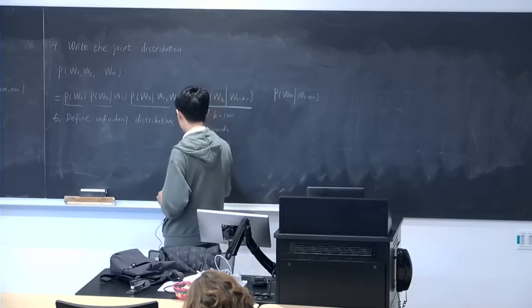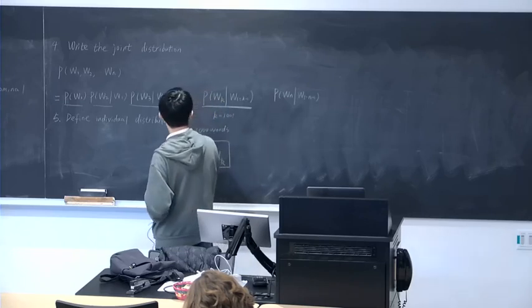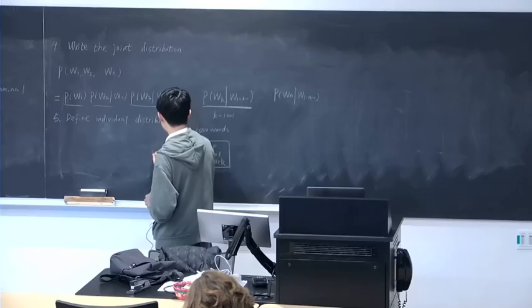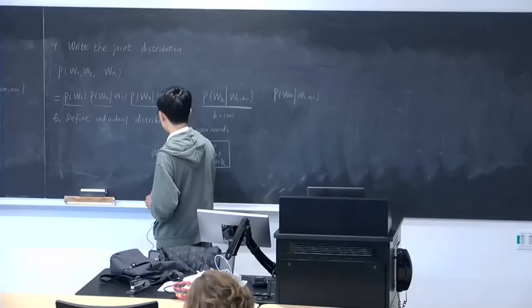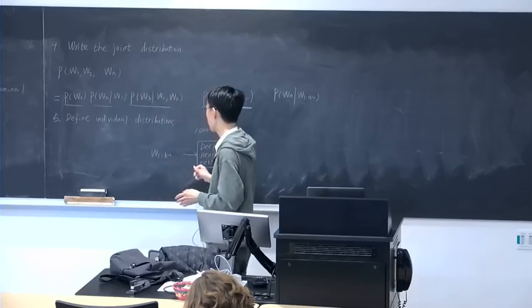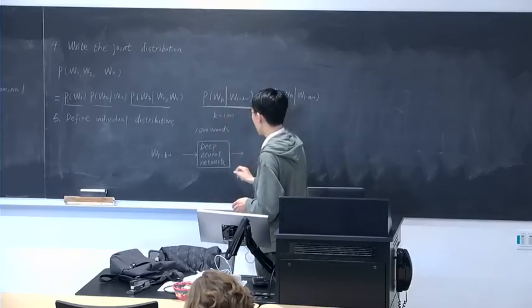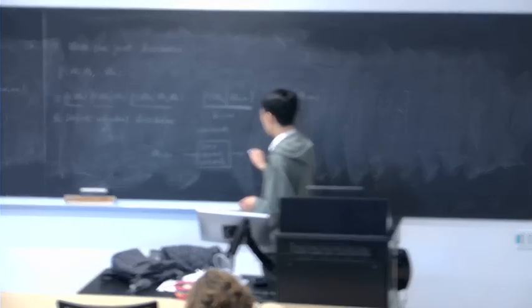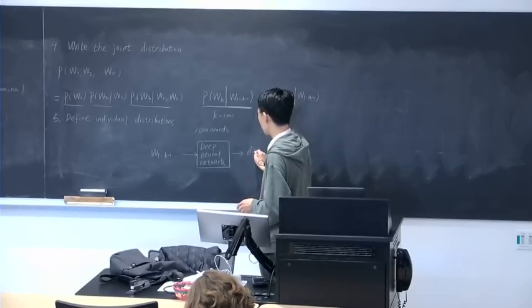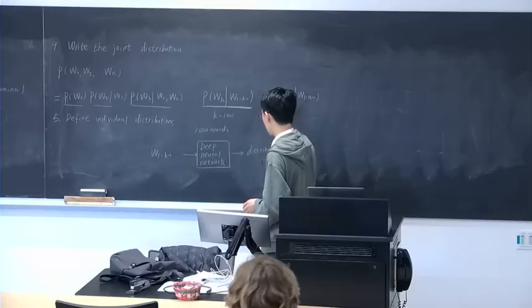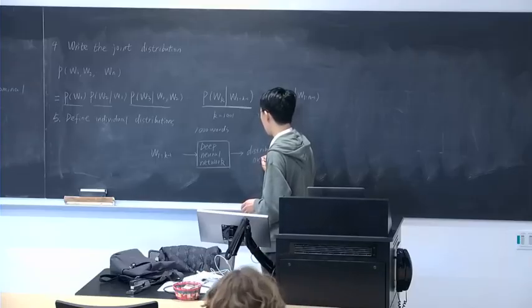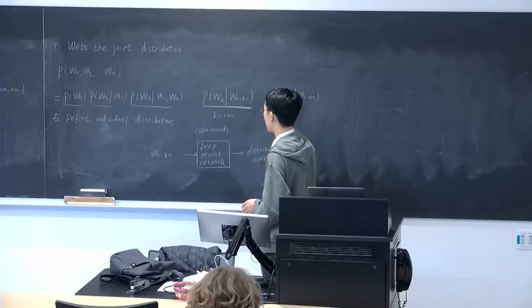The input would be the words W1 to K minus 1. Right, so it is a sequence of words. And the output would be a distribution over WK.